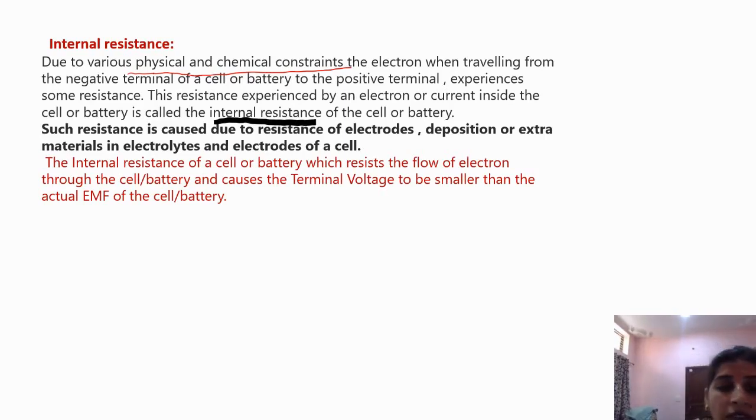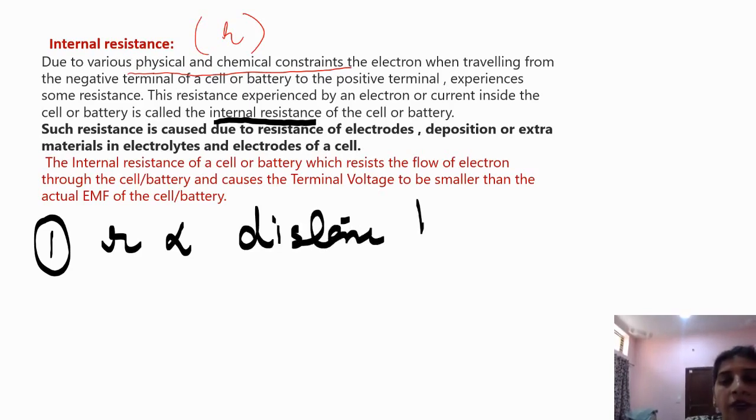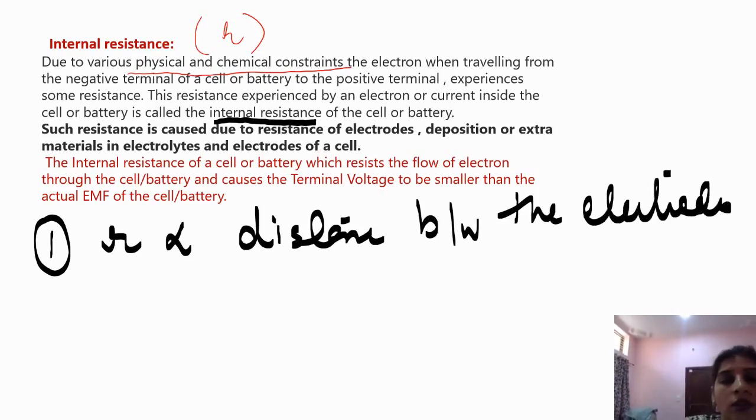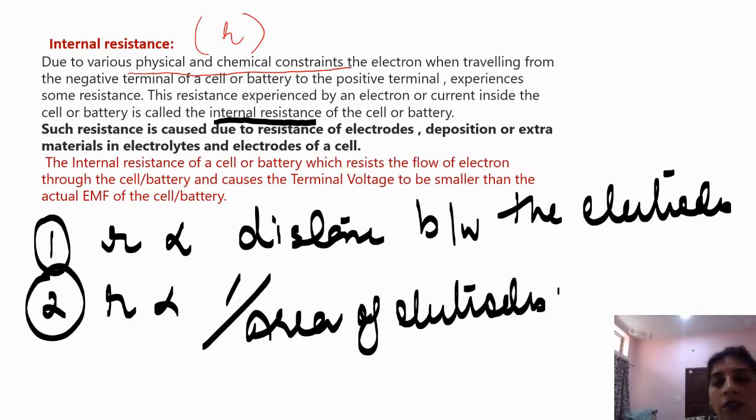Okay. This internal resistance is usually represented by small r, which is the symbol for internal resistance. This small r is directly proportional to the distance between the electrodes. Second, this small r is inversely proportional to the area of the electrodes immersed.